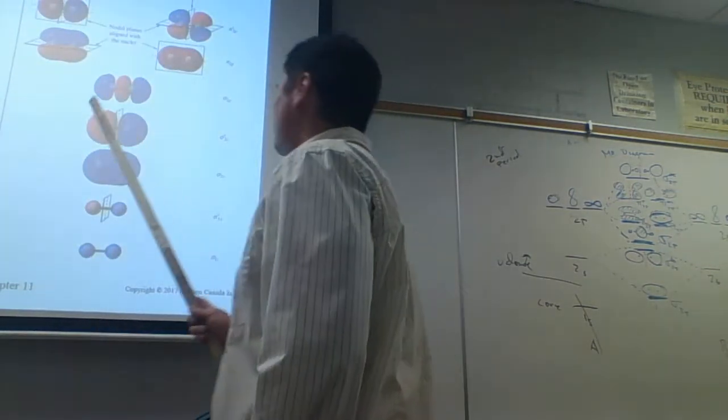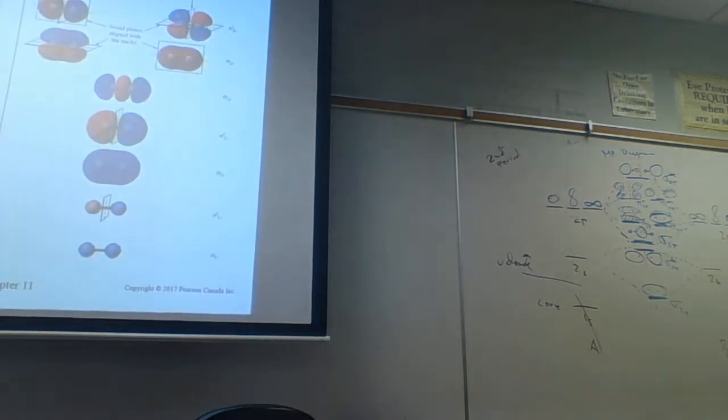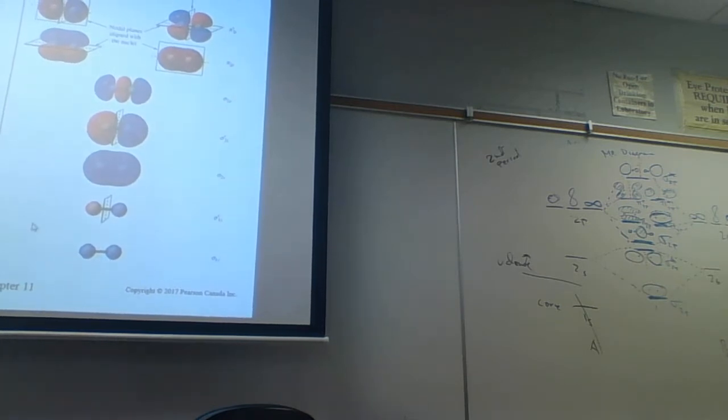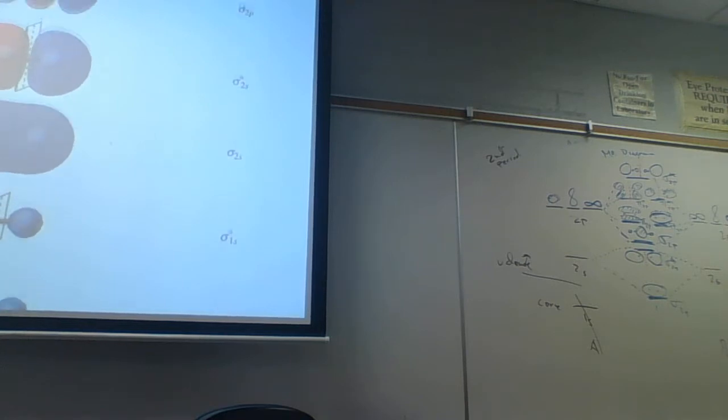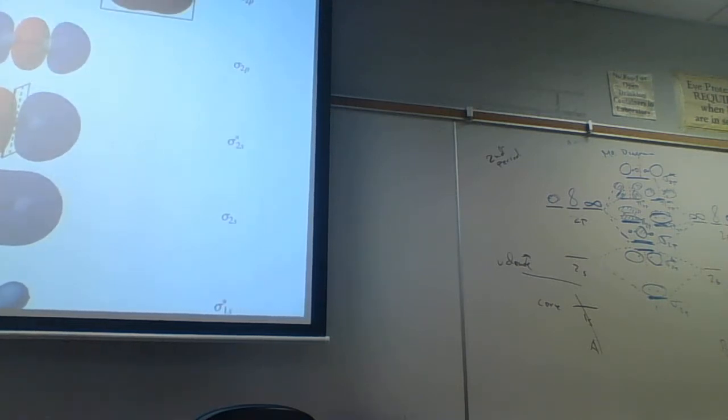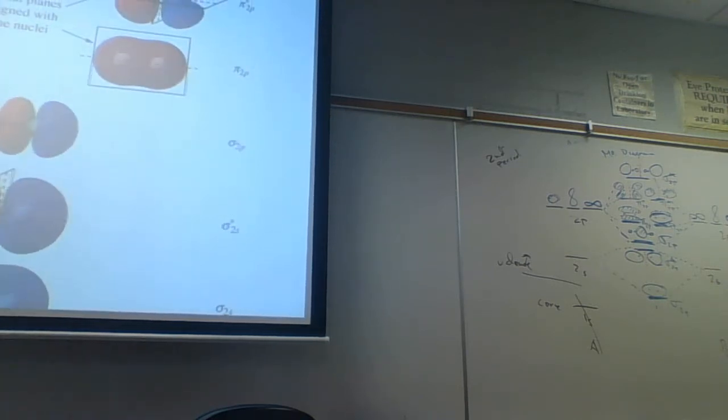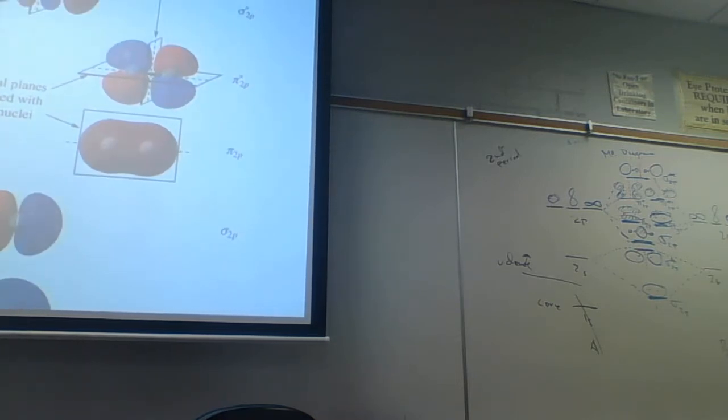So we have the sigma 2s, sigma star 2s, sigma 2p, sigma star 2p here. And then here's the pi, one of the pi 2p's, and then rotated 90 degrees, here's the other pi 2p.